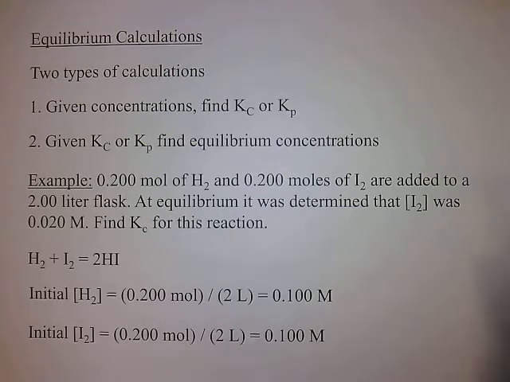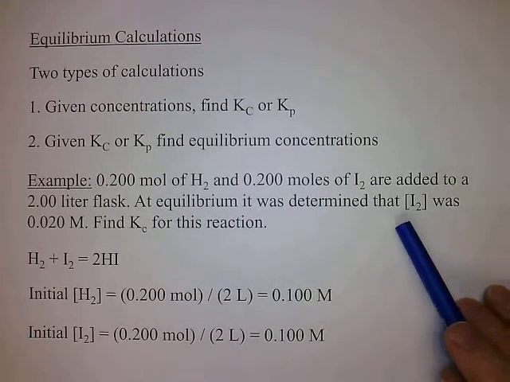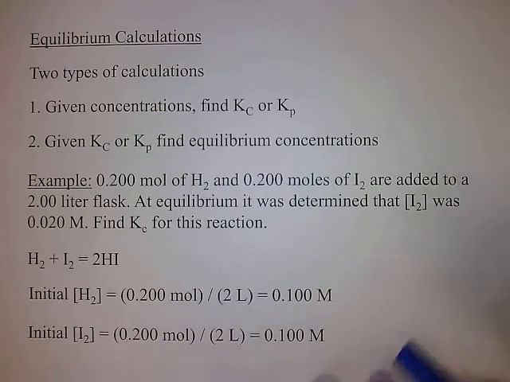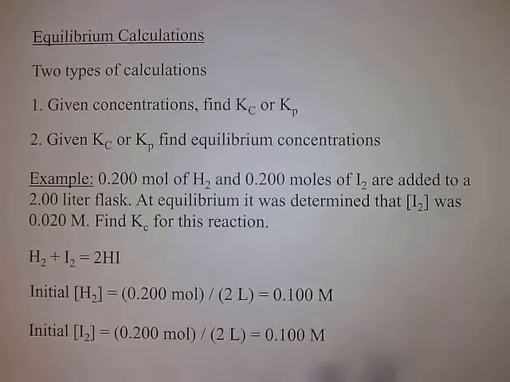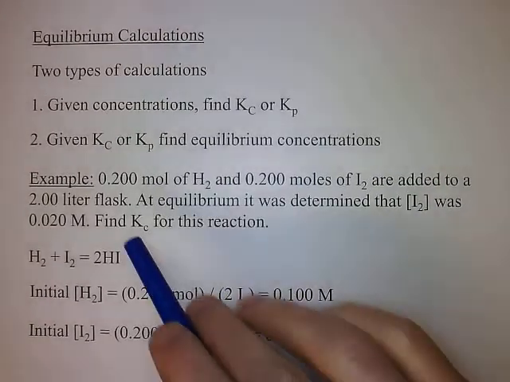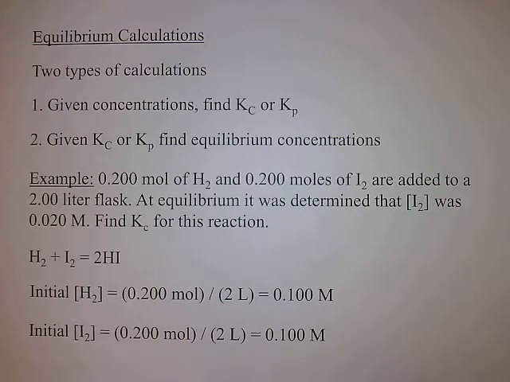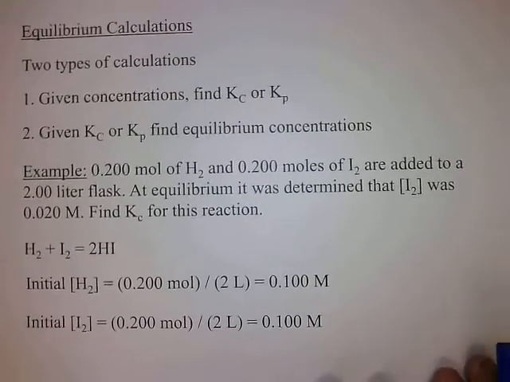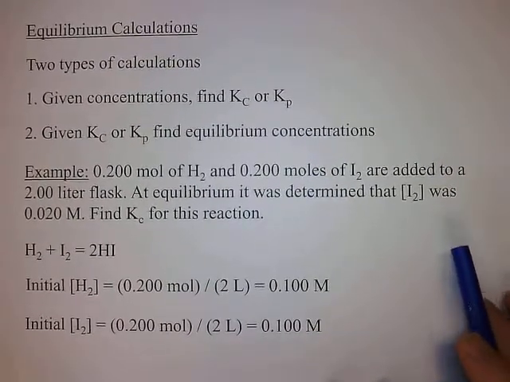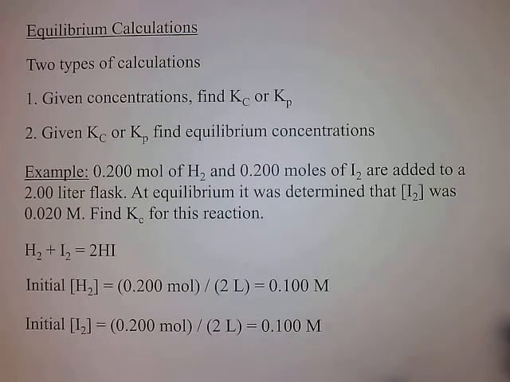In this case, that was the iodine. We allowed the system to come to equilibrium, measured the iodine concentration, and that was 0.020 molar. So one more time, you have the initial concentrations or initial number of moles, and you have the moles or concentration of one species at equilibrium.